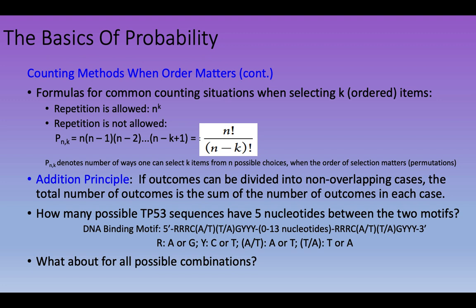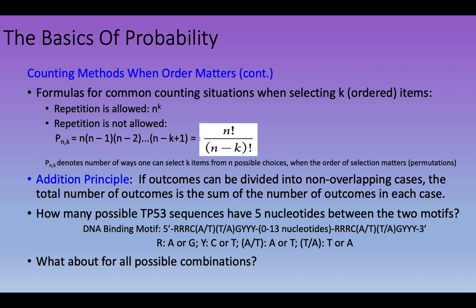So what these counting methods show us is that if we want to count the number of k-selected ordered items, if we allow repetition, it's just going to be n to the k, right? So this is that, 4 possible outcomes. We had 3 positions, so 4 to the third, right?